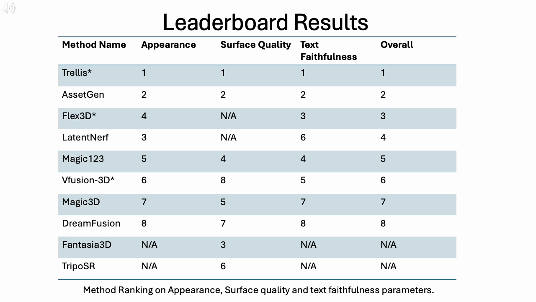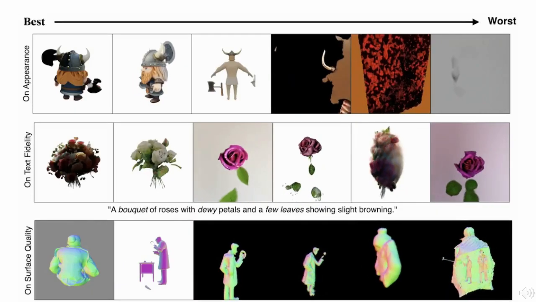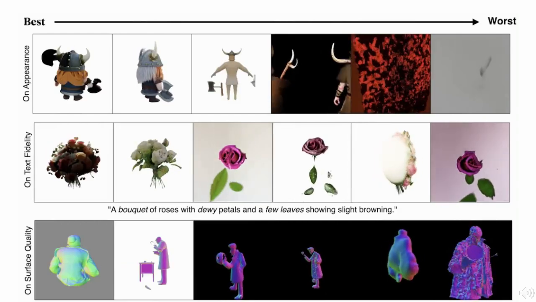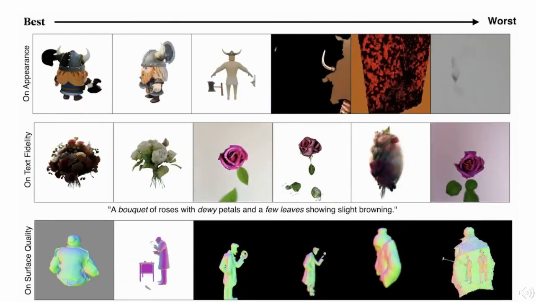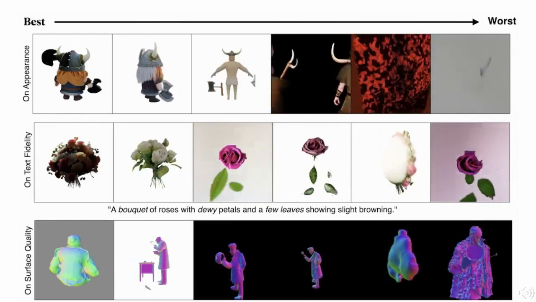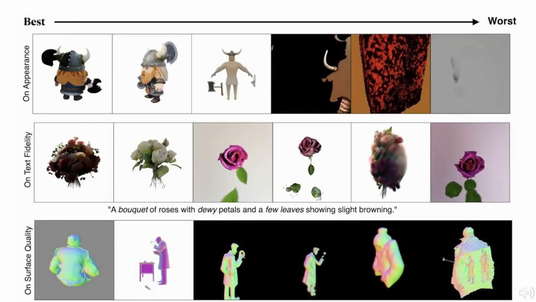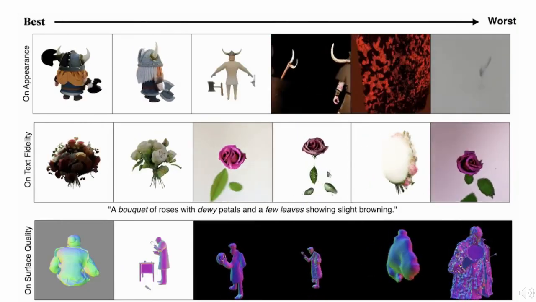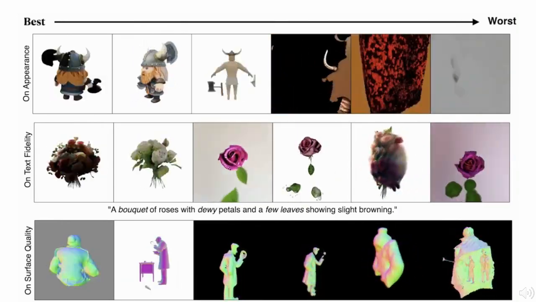The overall ranking is calculated from the average of appearance and text fidelity scores. The number of methods will progressively increase in due time. In this slide, I have arranged some 3D assets per their appearance, text fidelity, and surface quality ranking as evaluated by Gen3DEval from left to right in a decreasing order of preference.